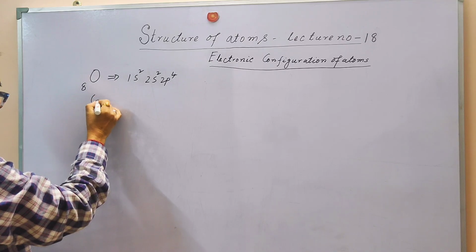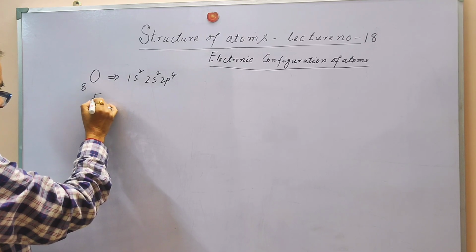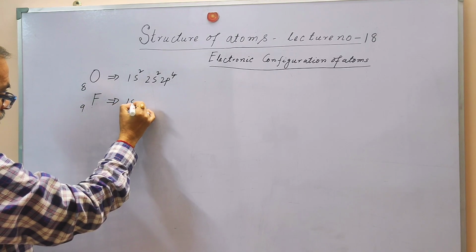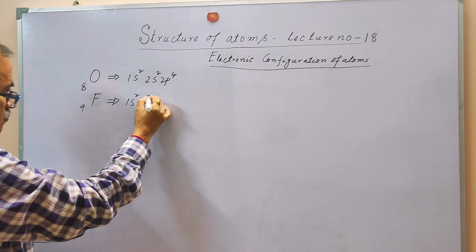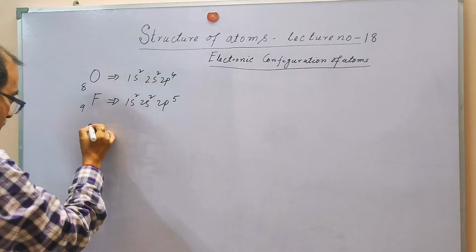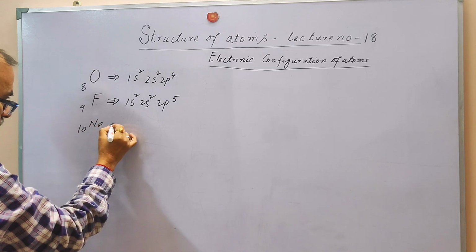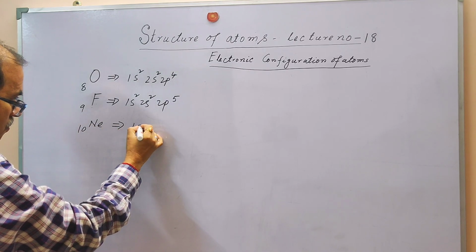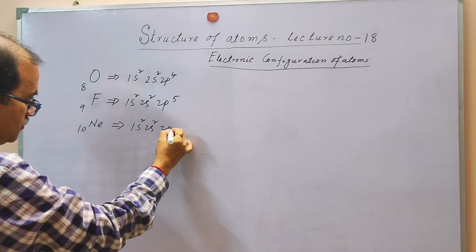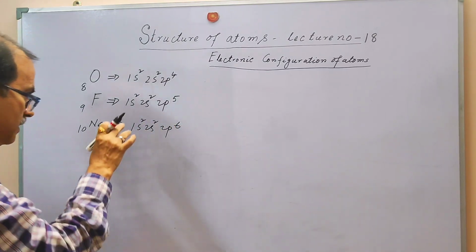Then after oxygen, the next element is fluorine. It has the electronic configuration 1s2, 2s2, 2p5. And after that, neon has the electronic configuration 1s2, 2s2, 2p6. Neon is basically a noble gas.